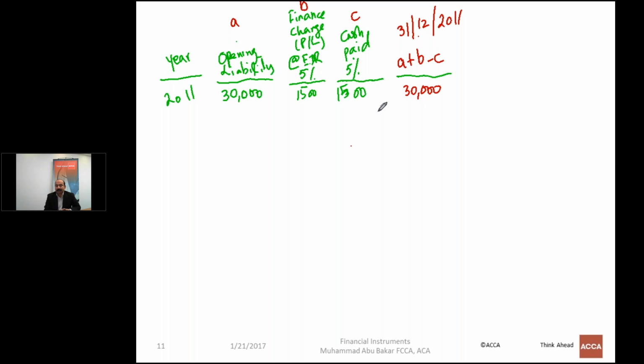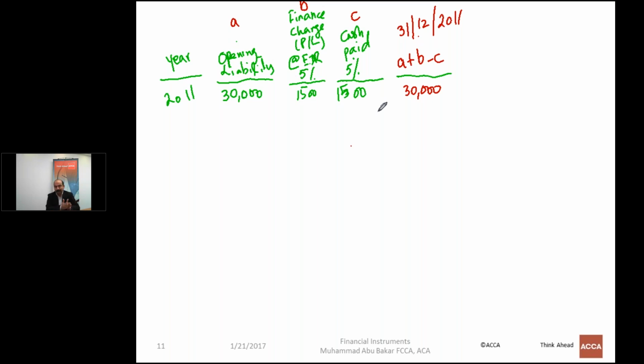The last line says, at the end of the first accounting period, market interest rates have risen to 6%.